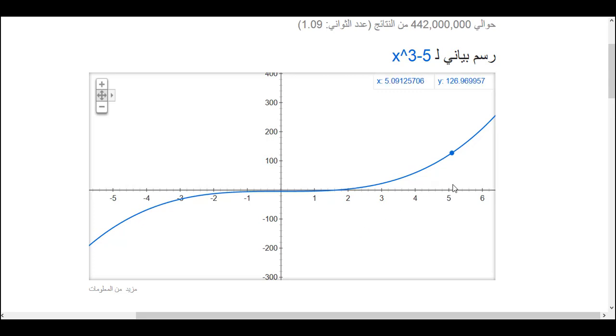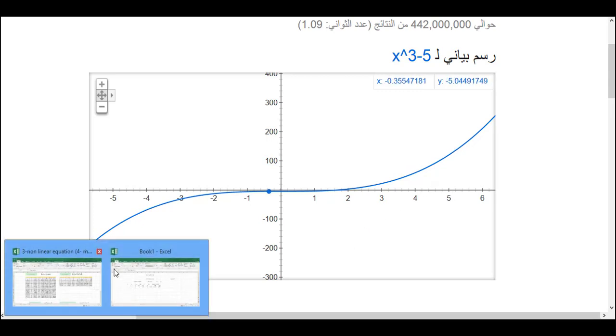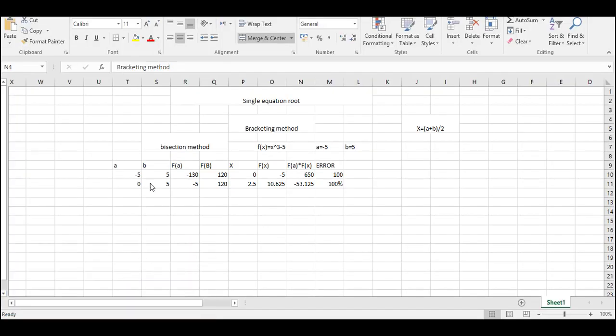In the bracketing method, we have three sub methods. The first is called the graphical method, as you see in the Google graph. The second is the bisection method, and finally the false position method.